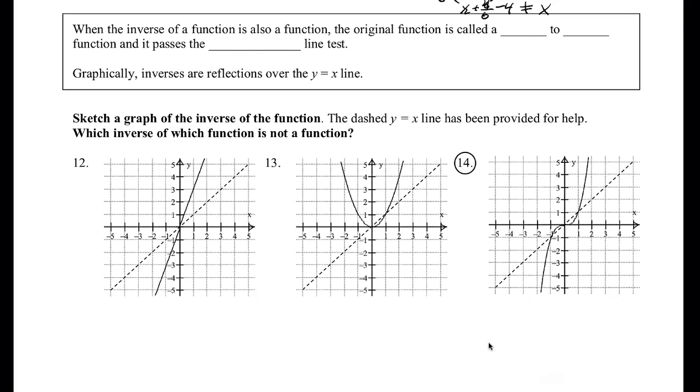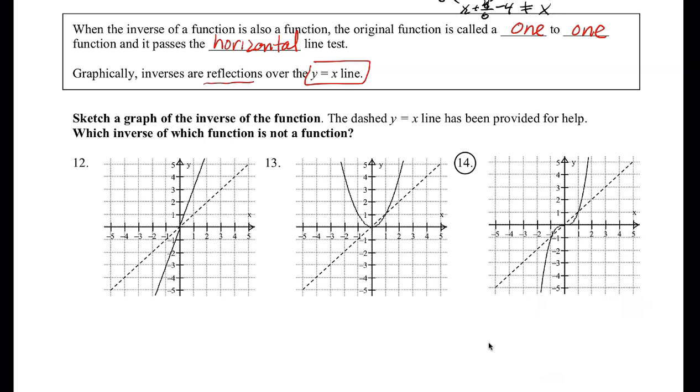When the inverse of a function is also a function, the original function is called a one-to-one function, and it passes the horizontal line test. And graphically, like we mentioned in the previous video, inverses are reflections over the y equals x line.